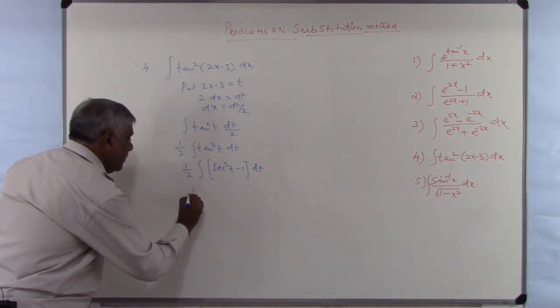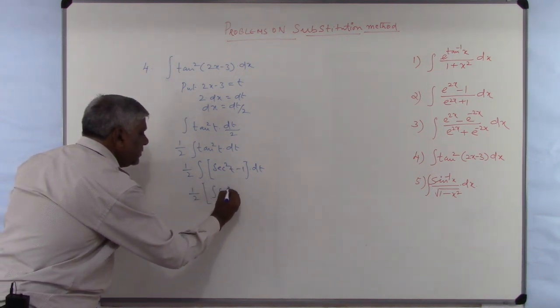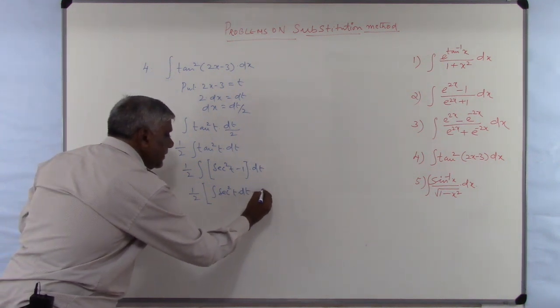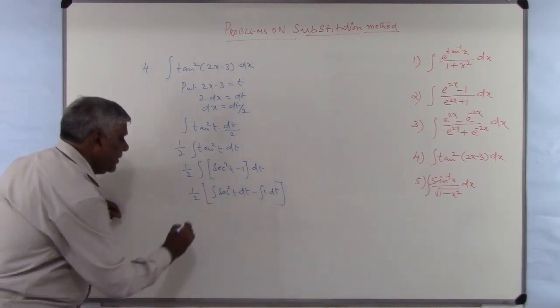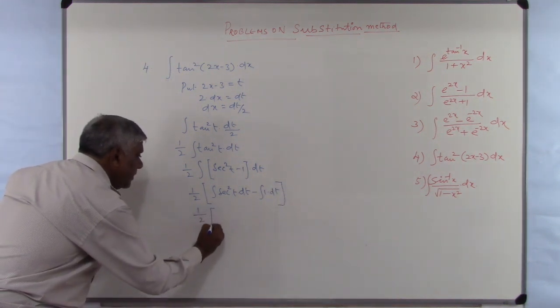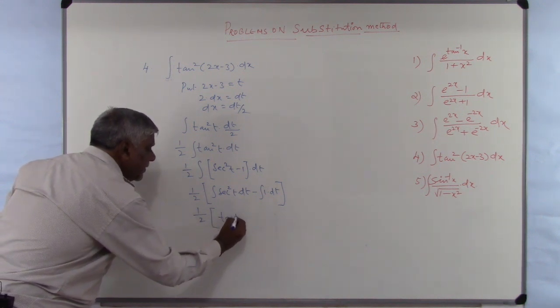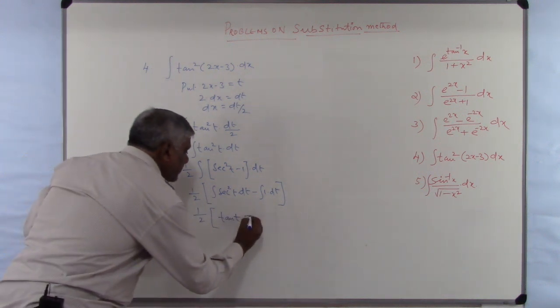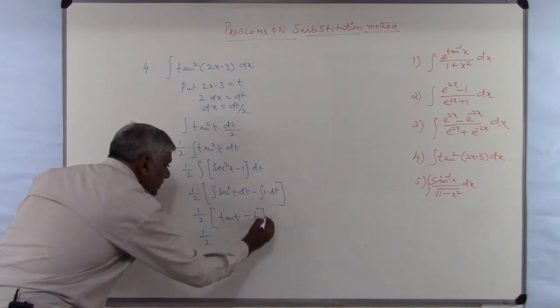Now half of integral secant square t dt minus integral 1 into dt. Now half of, how much is this? Secant square t dt is tan t, minus t. Therefore half of this, plus c.